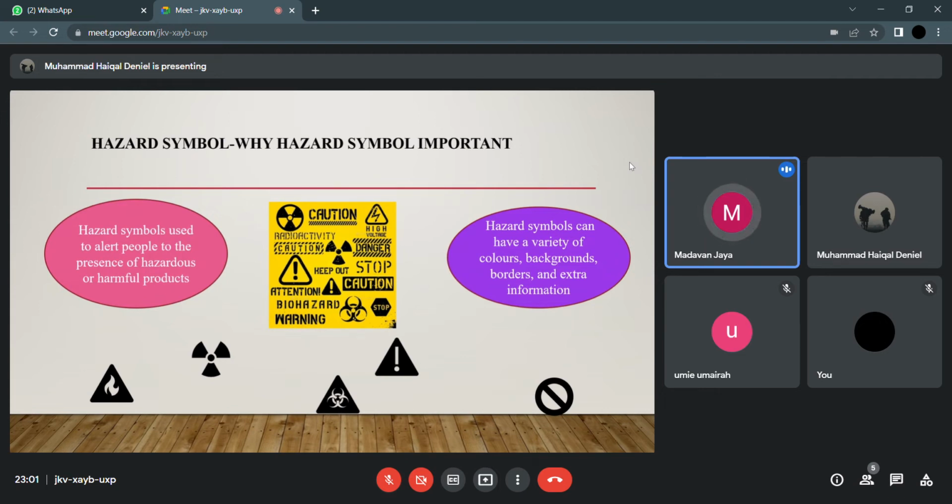The usage of hazard symbols is frequently governed by legislation and standard groups. Hazard symbols can have a variety of colors, backgrounds, borders, and extra information to indicate the type of hazard and its severity. Now I'm going to talk about the hazard symbols used in the Deepwater Horizon oil spill.